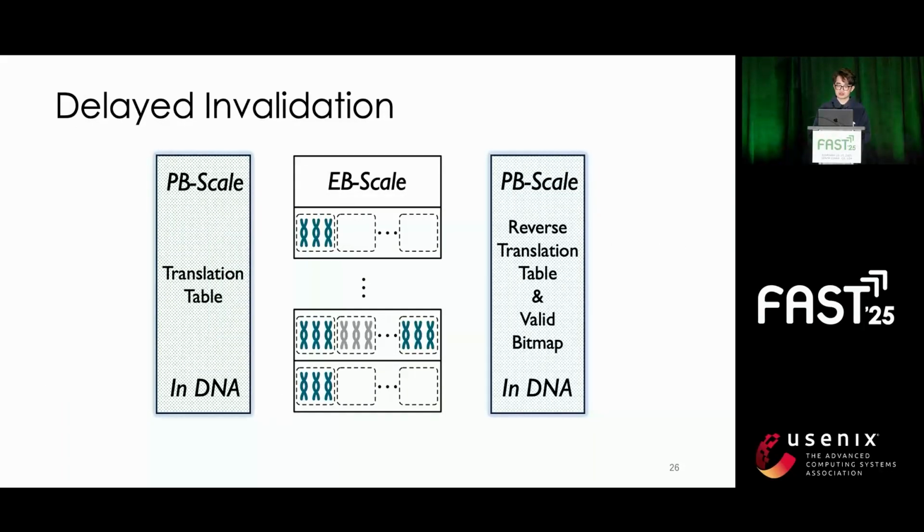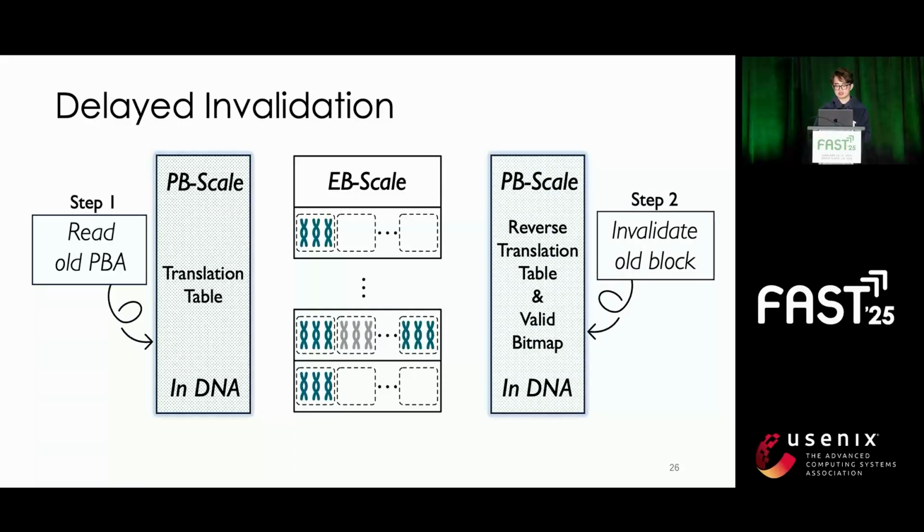Last, we introduce delayed invalidation to further reduce the overhead of updating blocks. In a block updating operation, we need to invalidate the old block. So we need to first read the translation table to get the old PBA. Then we write the invalidated strand to the old PBA to invalidate the old physical block. This read operation is on the critical path of updating a block.